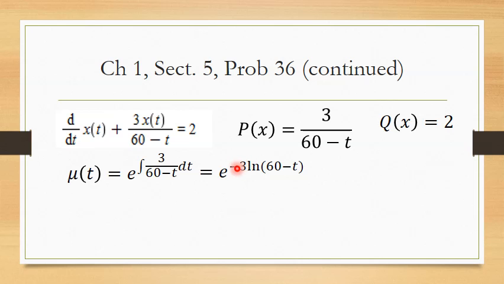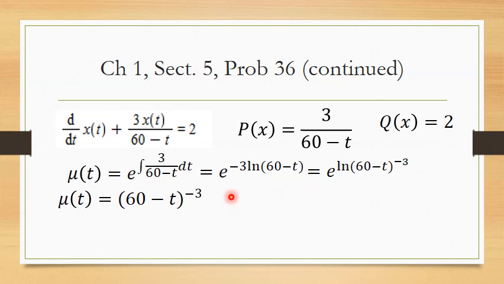So anything multiplied times a log can be rewritten as the log to that exponent. Now I'm taking the exponential function to a logarithm, and I get this. So this is my integrating factor.